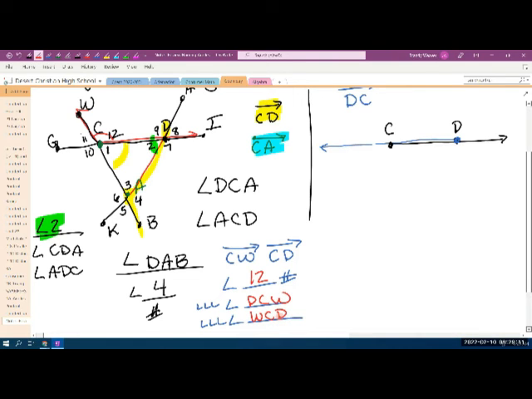Good. All right, here's a challenge question. Name the angle formed by the rays XY and YZ. The 3-letter versions.